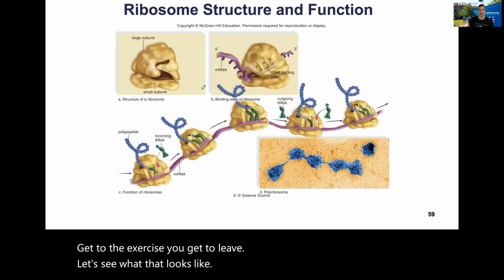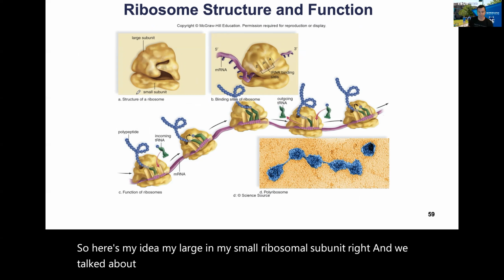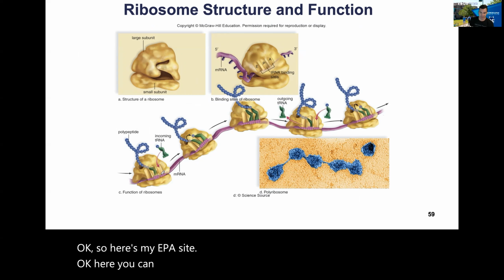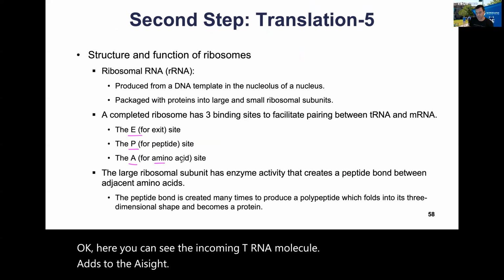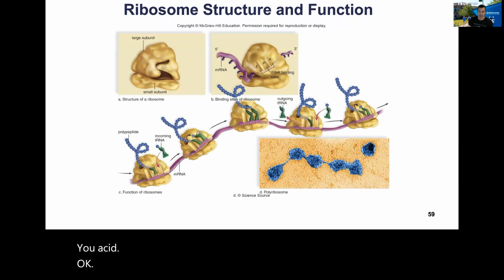So here's my large and my small ribosomal subunit, right? And we talked about how mRNA gets fed right between them and gets read. Here's my EPA site. Here you can see the incoming tRNA molecule adds an amino acid to the A site. I have an amino acid that came in right before it.